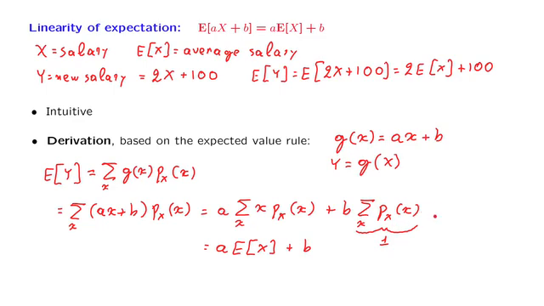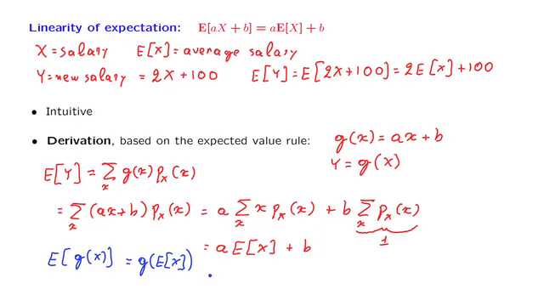Notice that for expected values, what we have is that the expected value of Y, which is the expected value of g of X, is the same as g of the expected value of X. The expected value of a linear function is the same linear function applied to the expected value.